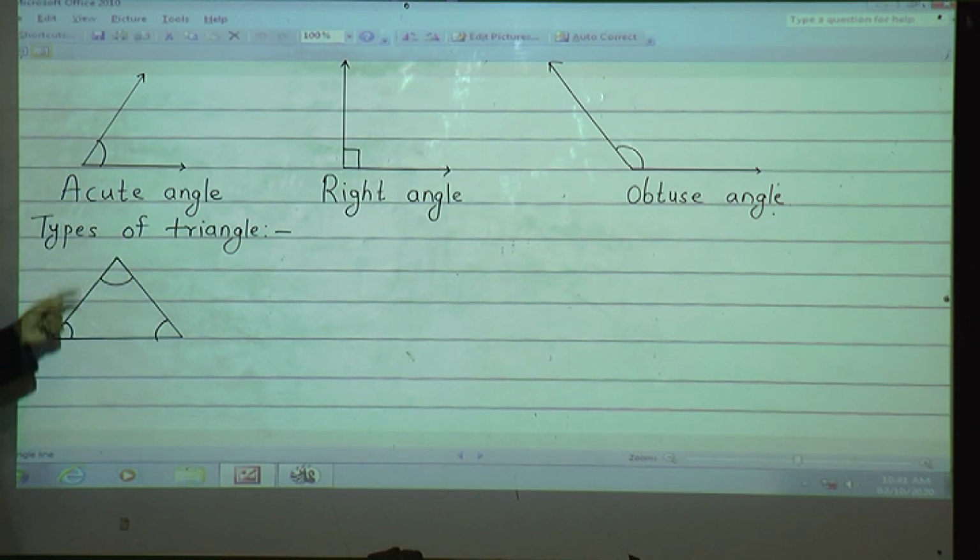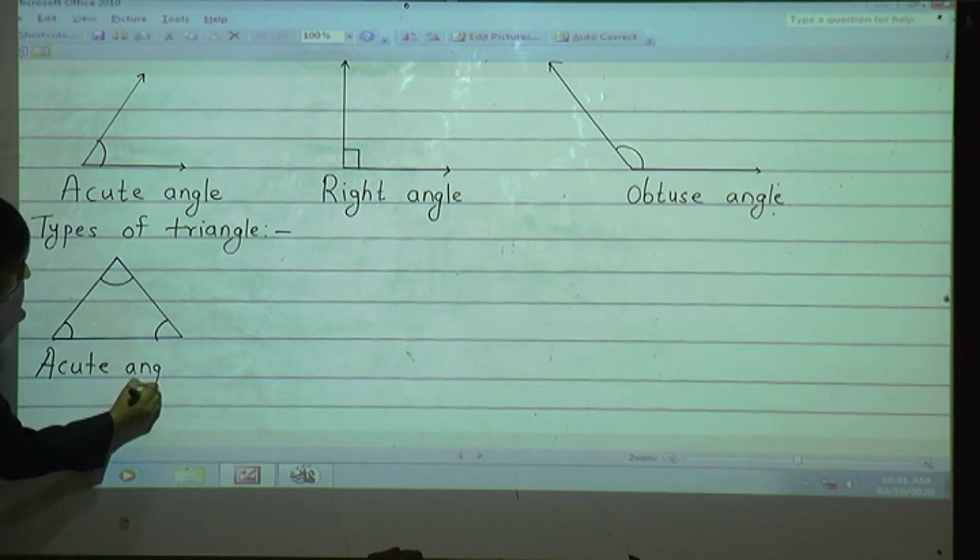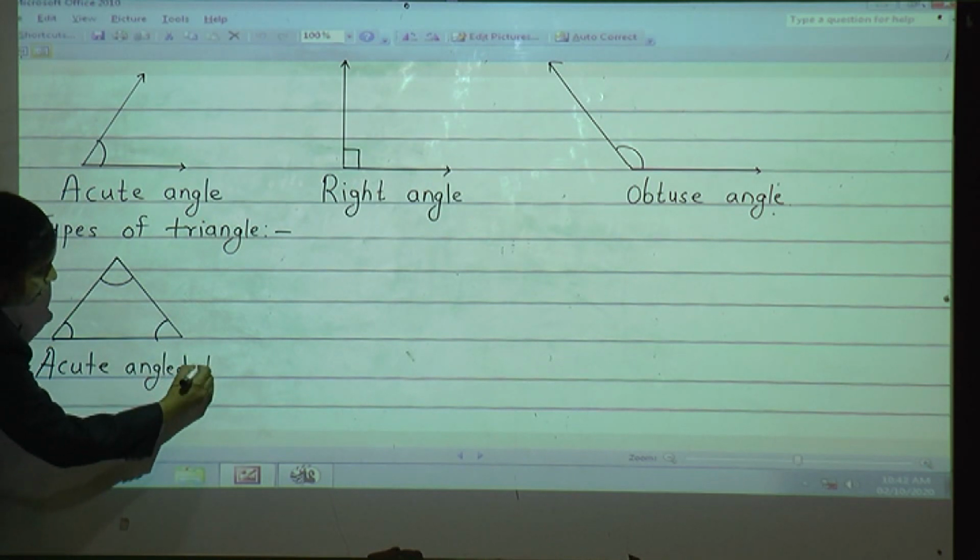Yes students, you can see acute angle. So a triangle with all three acute angles is called an acute angle triangle.